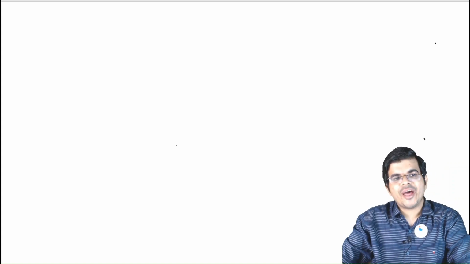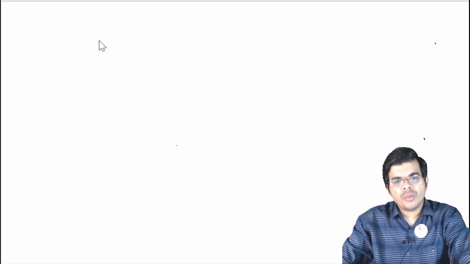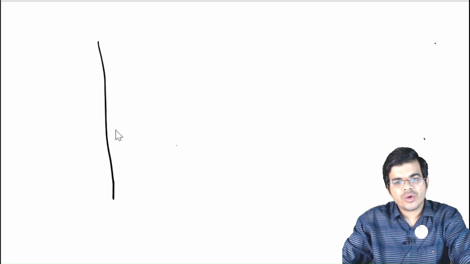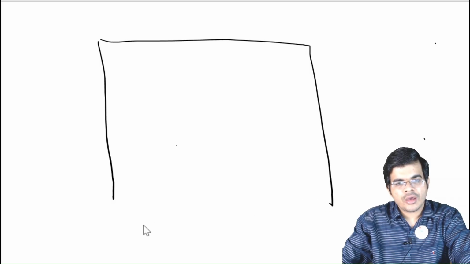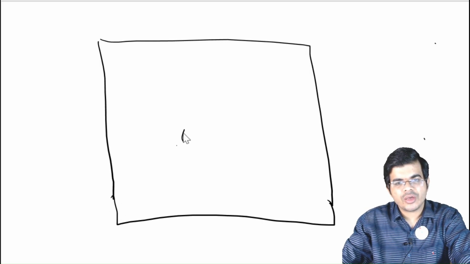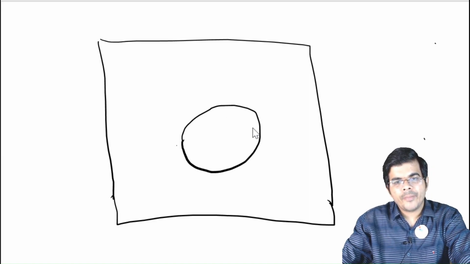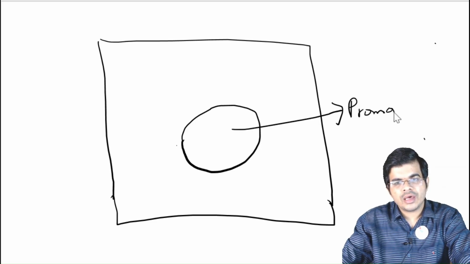Now, coming to the medial wall of the middle ear, the most prominent structure that you see on it is the promontory. Promontory is the most prominent structure on the medial wall of the middle ear, and it is formed by the basal turn of the cochlea.